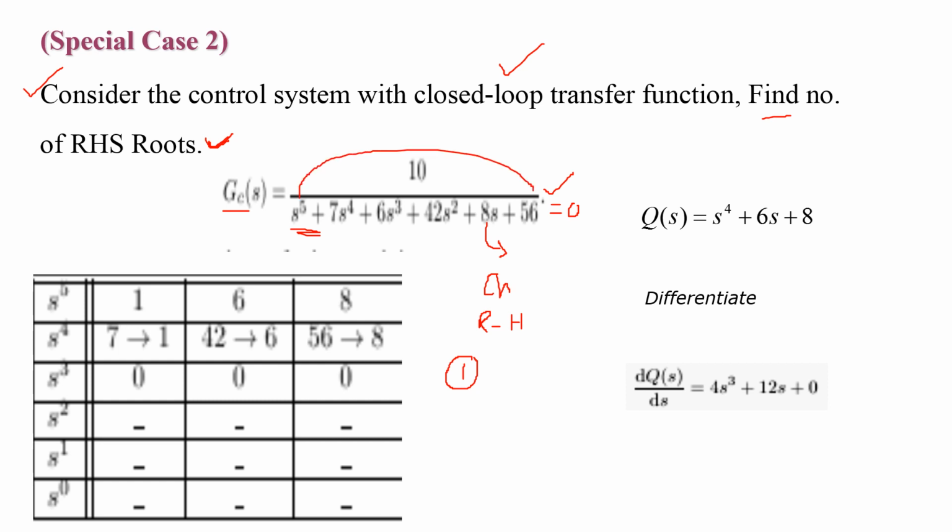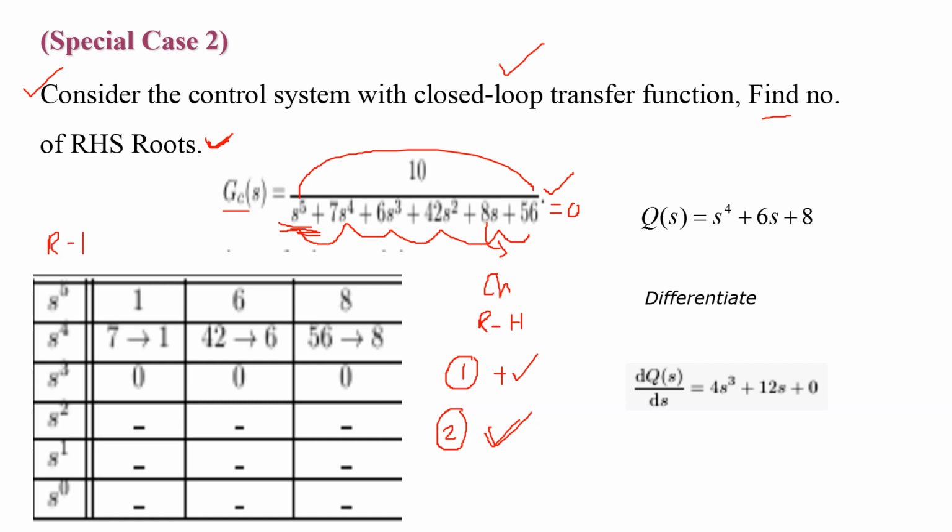All the coefficients are positive, so the first condition is satisfied. Coming to the second condition, there are no missing terms from highest power to lowest power. Here the highest power is s power 5, next s power 4, s power 3, s square, s power 1, s power 0. So all the coefficients are present. So the second condition is also satisfied. Then we can go for formation of the RH table.